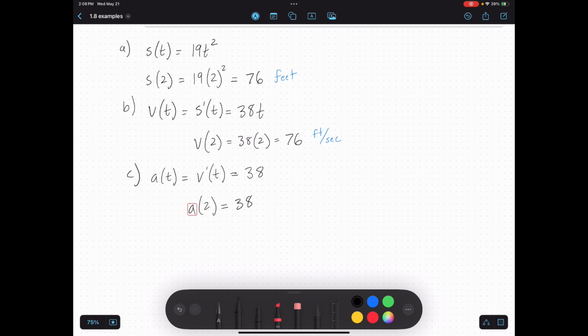The acceleration is constant. That's why with Earth, that gravity constant, we call it a gravity constant because your acceleration is always constant. And so the same is true for this Earth-like planet. So my acceleration after 2 seconds is just 38. 38 what? 38 feet per second squared. That's my unit for acceleration. And that's all there is to number 9.